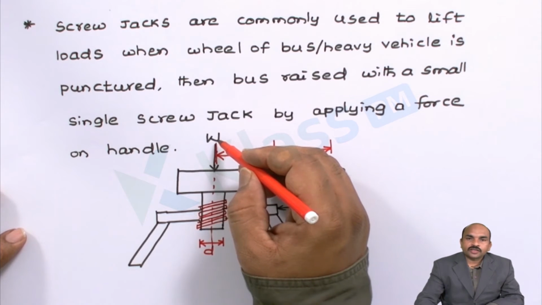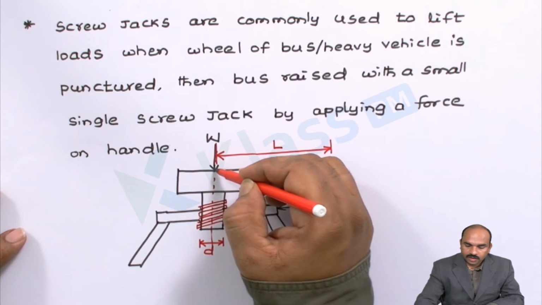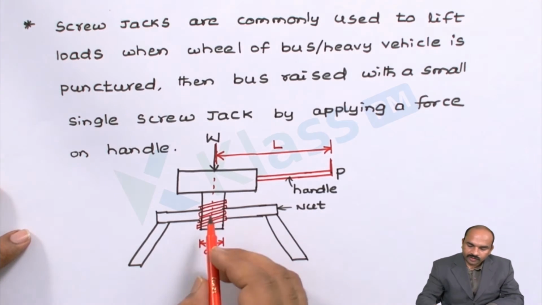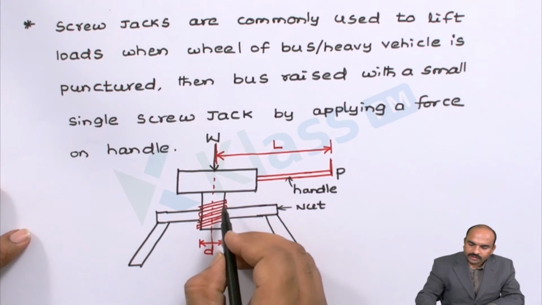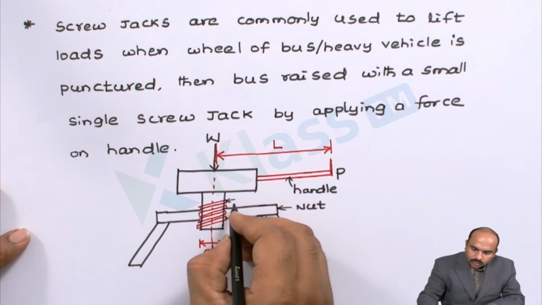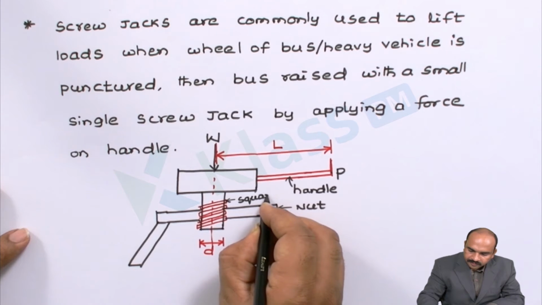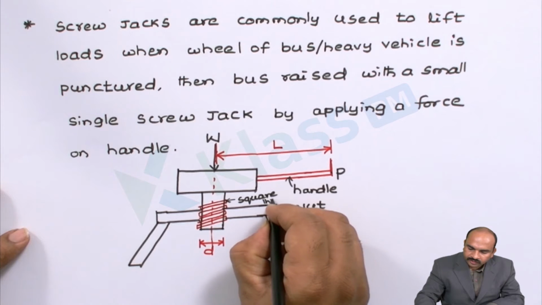Say a weight W is acting on the screw jack on the top of the screw. This is a screw with threads, and these threads are square threads.